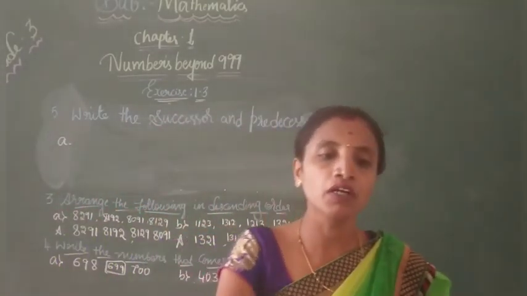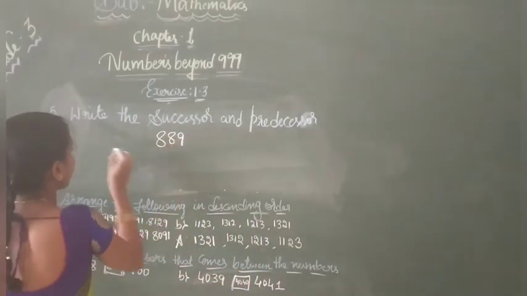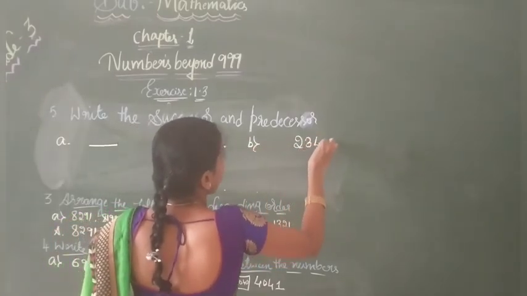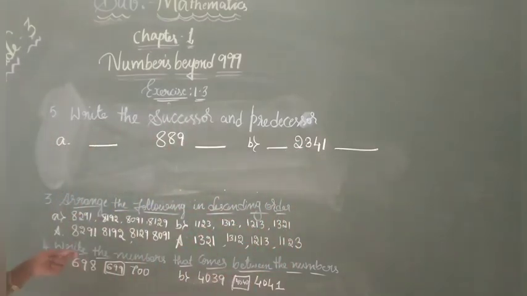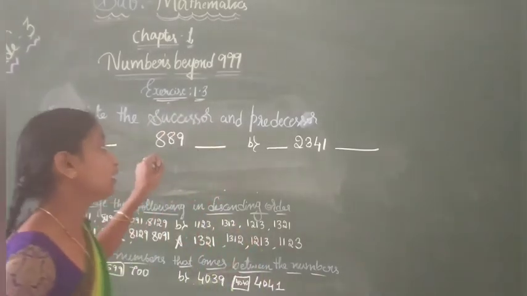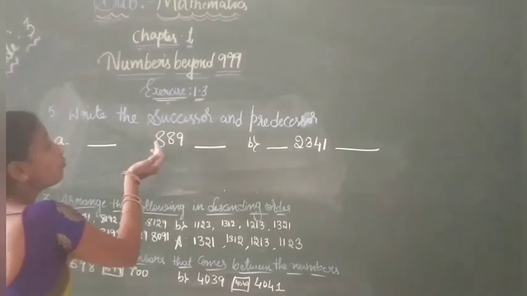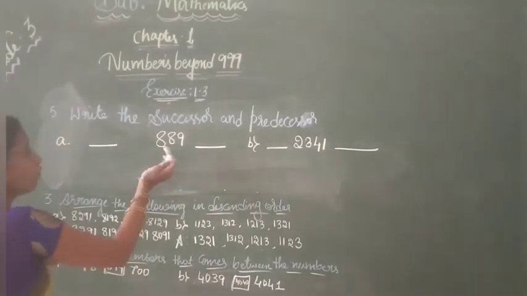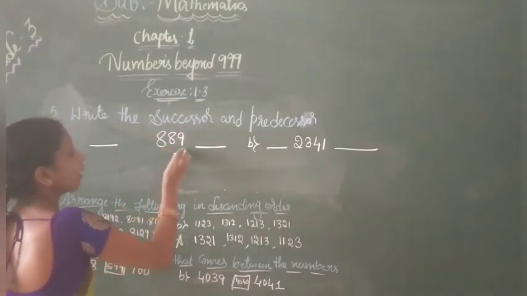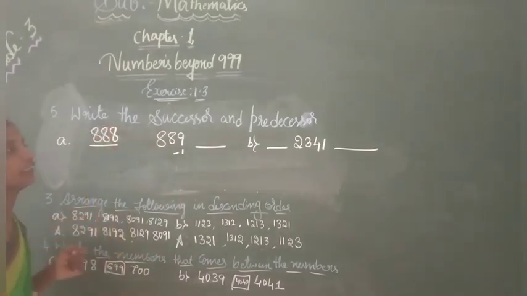They have given the number 889, and another example, 2341. You have to write the successor and the predecessor numbers. Predecessor means what? One less, just the number that comes before. 889 minus 1. What do we get? 888. Is it clear?